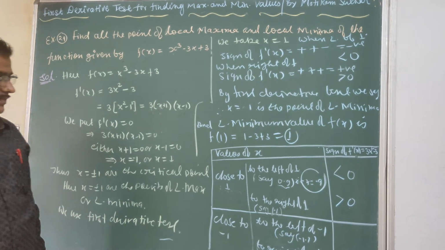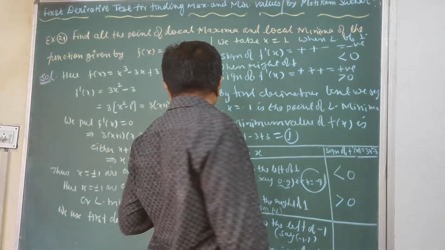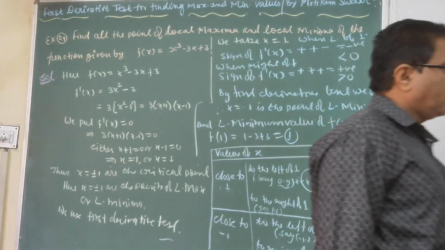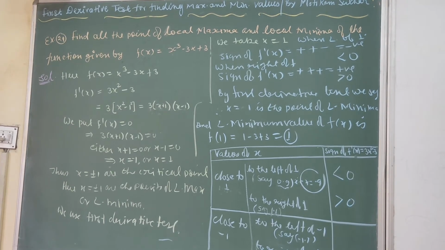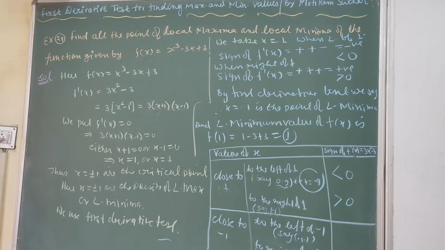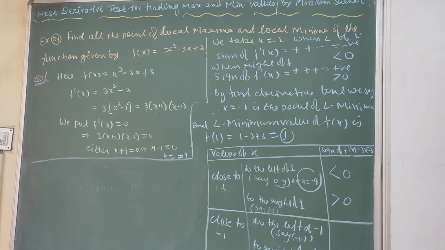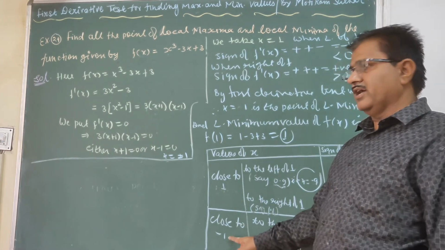Clear? So write this down. Then we take the next point, x equal to minus 1. We consider the second case close to minus 1.